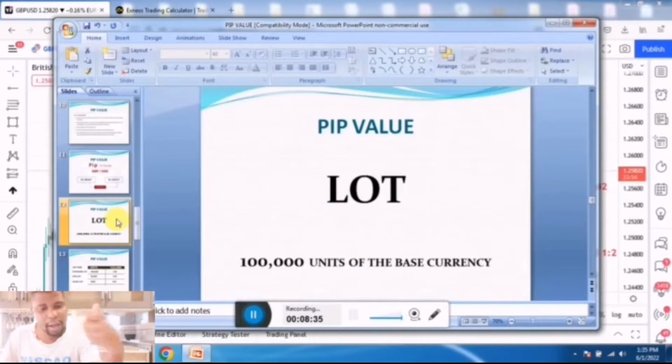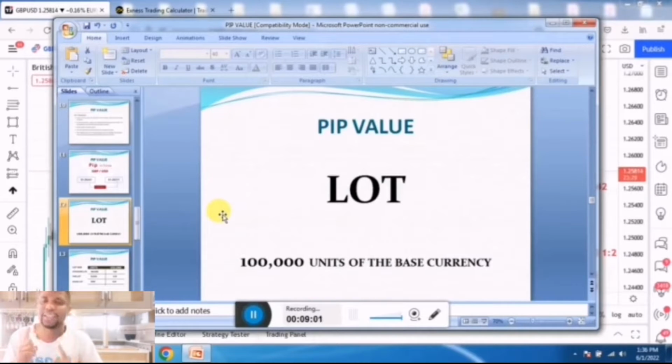Now let us talk about lots, because we said these things go together and they meet each other at some point. Okay, so a lot by definition is 100,000 units of the base currency. A lot is 100,000 units of what?